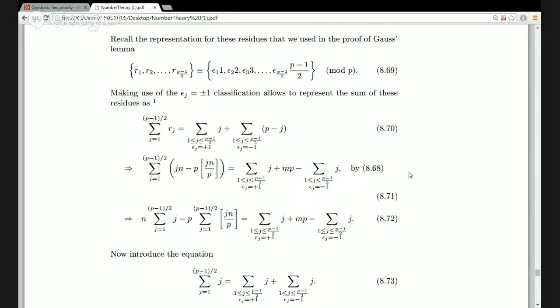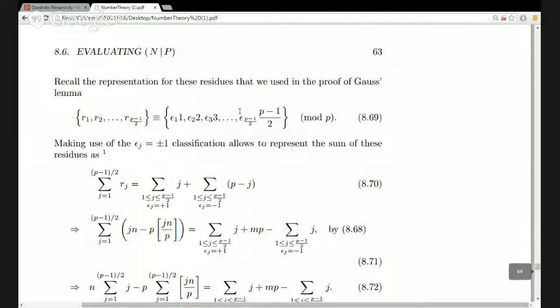Some of these residues will be the small remainders, the ones between 0 and p over 2. Those occur in this set with just a positive sign. Some of them will be large remainders past the halfway point, between p over 2 and p minus 1. Those ones we don't consider as remainders, we consider them as minus an earlier one. So in those cases, we'll have the relevant number between 1 and p minus 1 over 2, but with a minus sign in front of it.